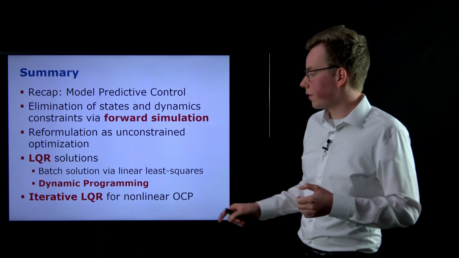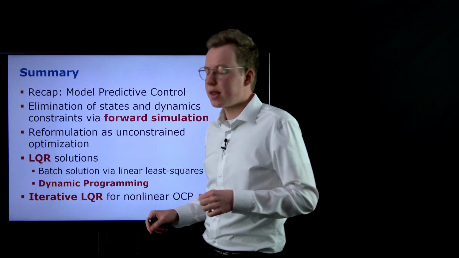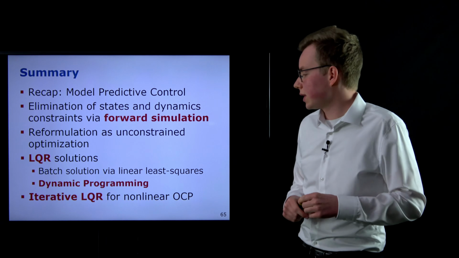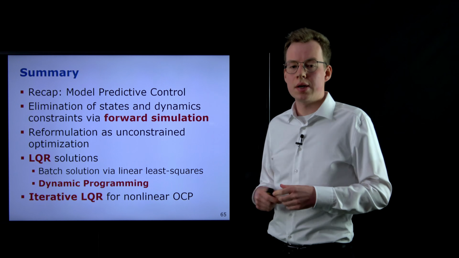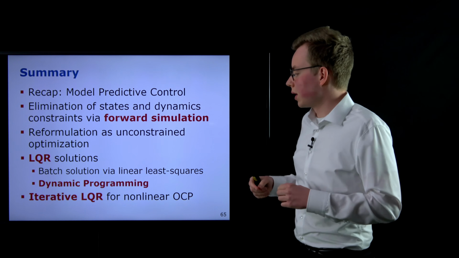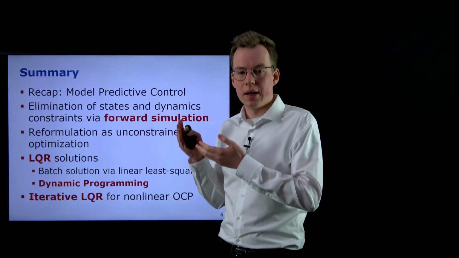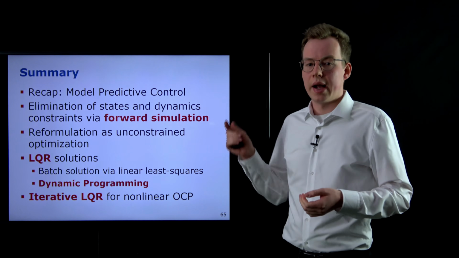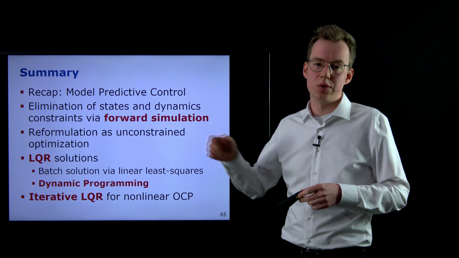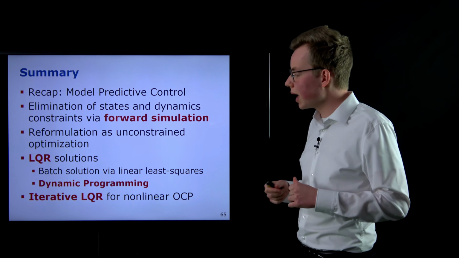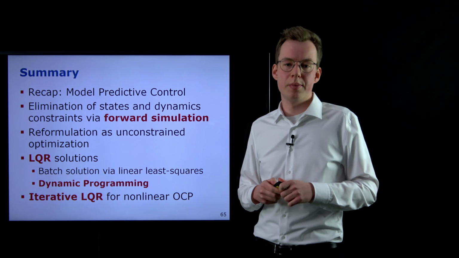And finally, we pieced all of these different ideas together to discuss the iterative LQR algorithm, which is an algorithm that solves nonlinear optimal control problems through iteratively approximating the nonlinear problem as small or local LQR problems that we can use to find a step direction and make progress towards a local minimum.